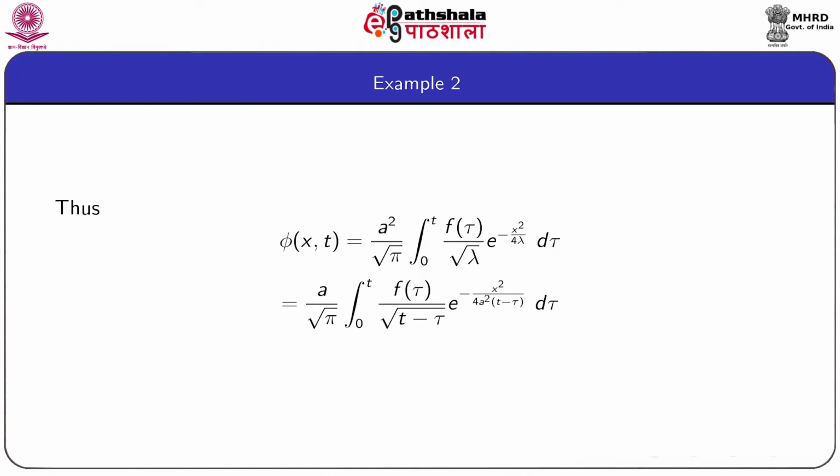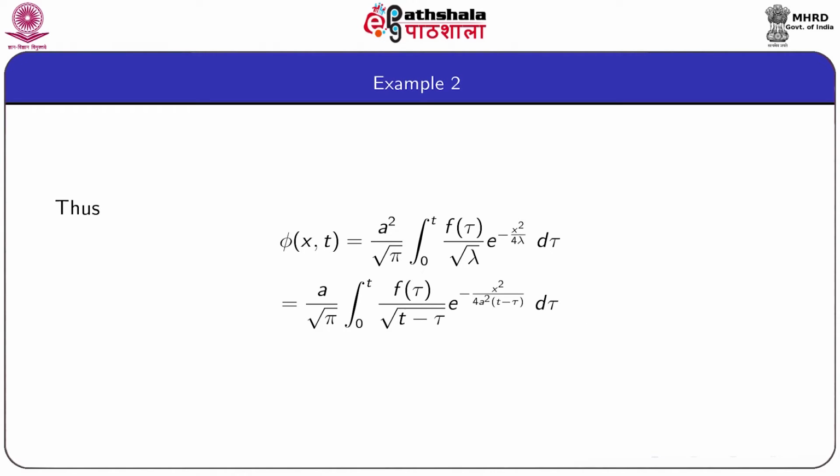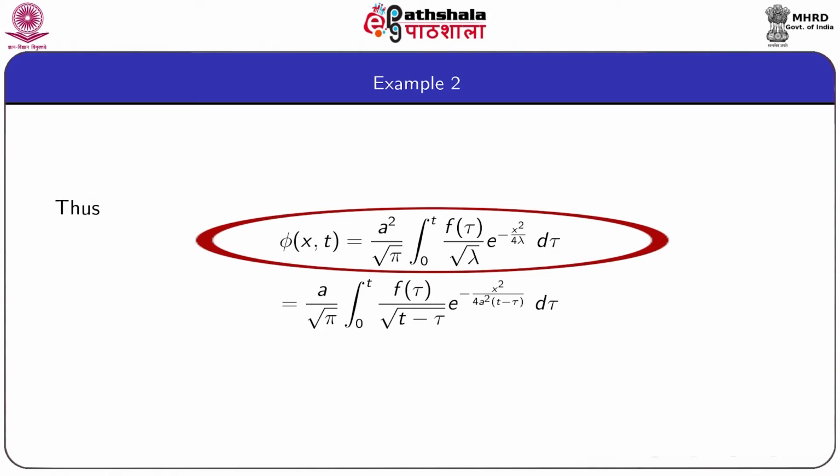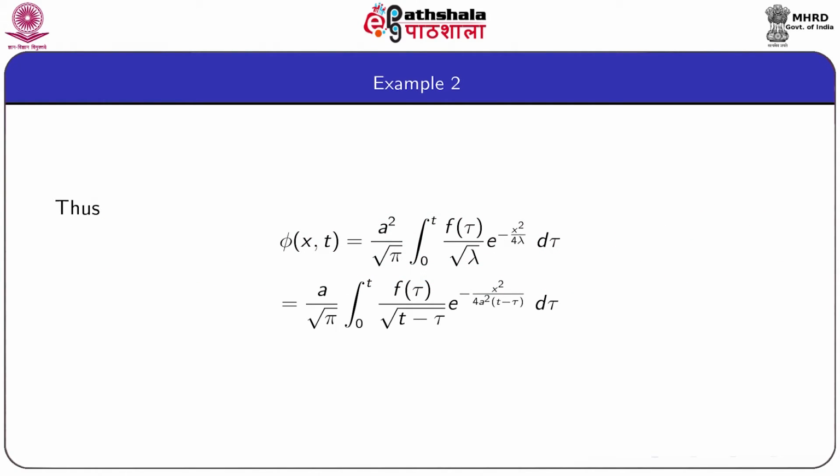Thus, simplifying this inner integral, we obtain φ(x,t) as a²/√π integral from 0 to t f(τ)/√λ e^(−x²/4λ) dτ.